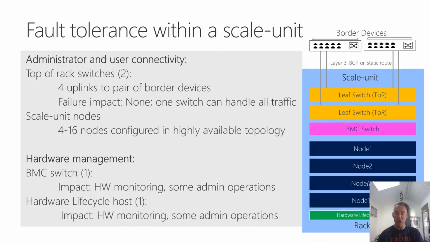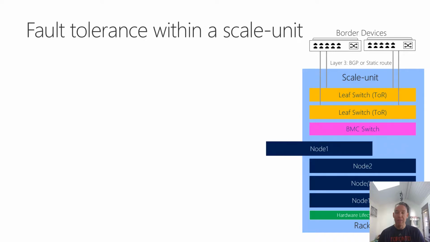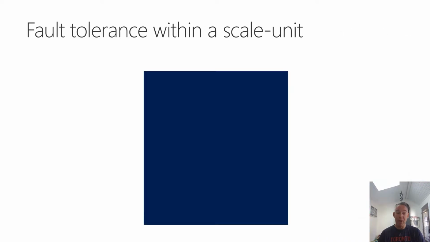If it disappears, all we lose is the monitoring capabilities for the OEM specific monitoring. And the hardware lifecycle host as well, that's where those monitoring tools will run from. If that server node fails, it can be reconstructed and you'll just be without that extra little bit of monitoring while the server is unavailable. So those are the main single points of failure, but they're not crucial to the operation of Azure Stack.